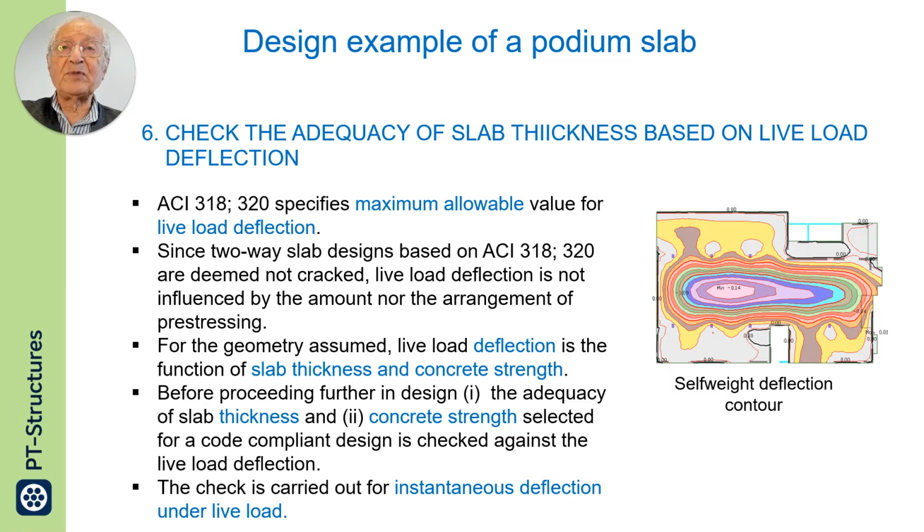One-way slabs and beams may have cracking. If it is uncracked, live load deflection is not influenced by the amount nor the arrangement of pre-stressing. What I want to say is that the live load deflection is based on the diagram on the right, not on the amount of post-tensioning.